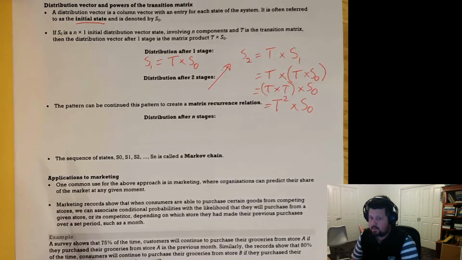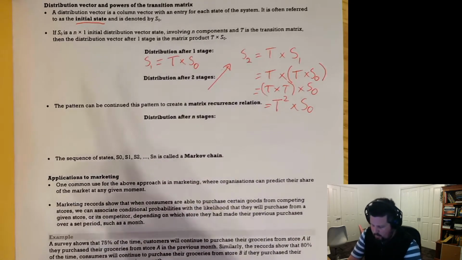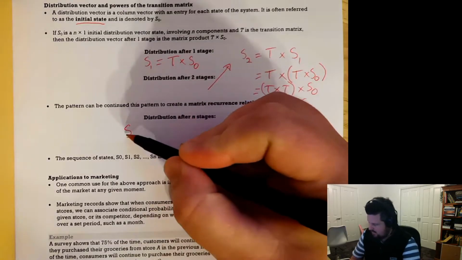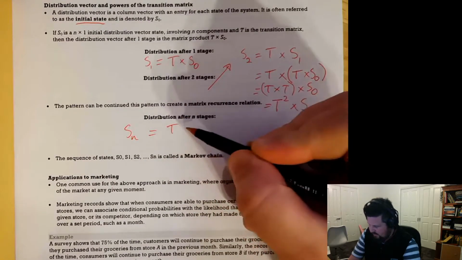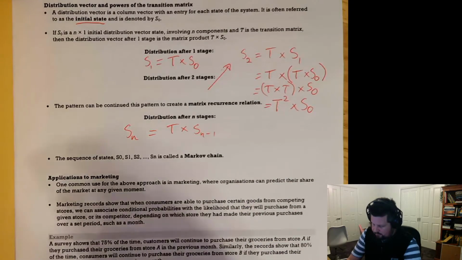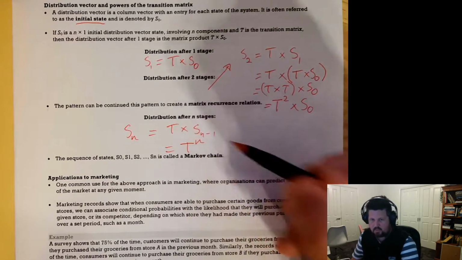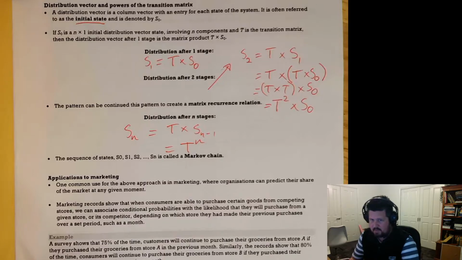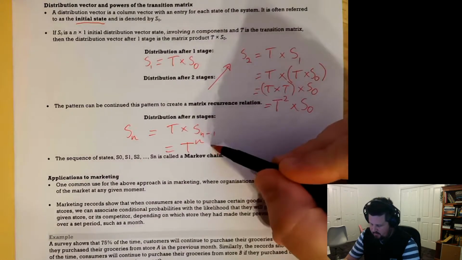So to find out the distribution after any number of stages, so n stages, you can do Sn is equal to T times Sn minus 1, or it's T to the power of n, so the transition matrix to the power of however many stages you're after, multiplied by the initial state.